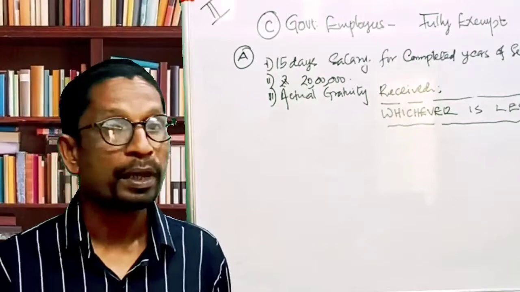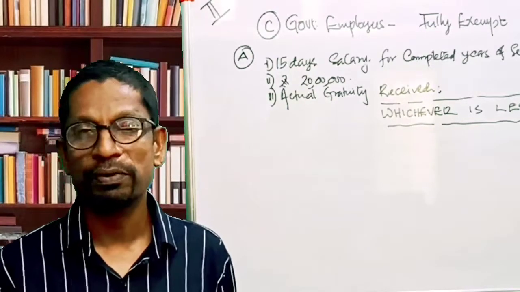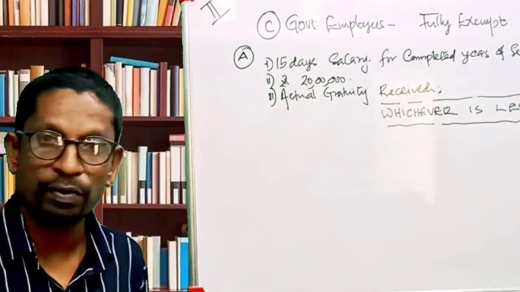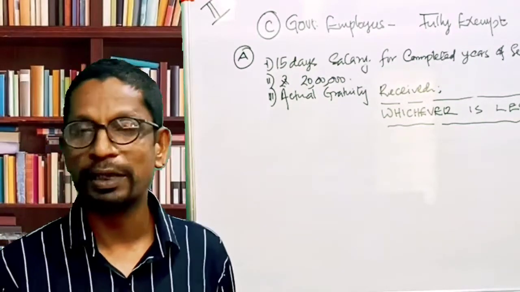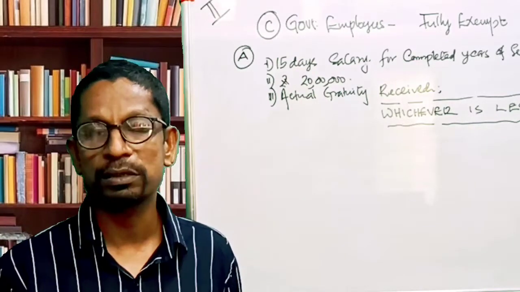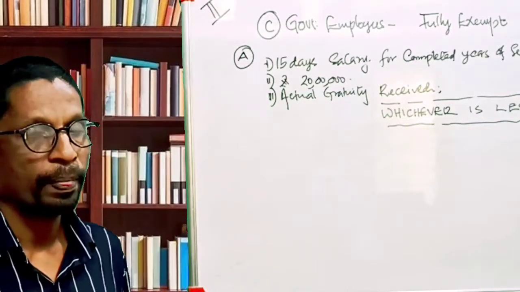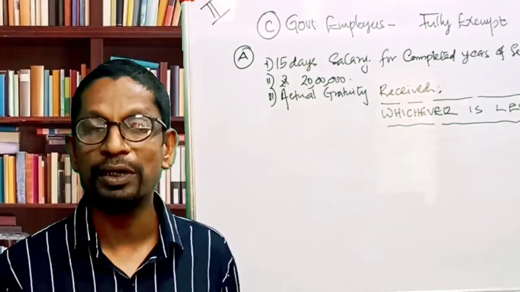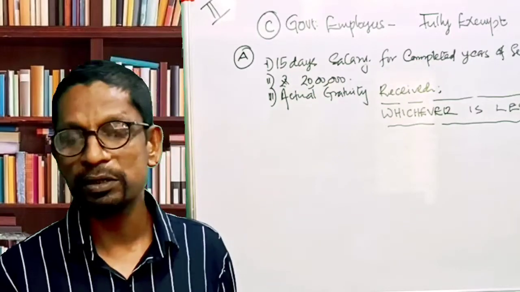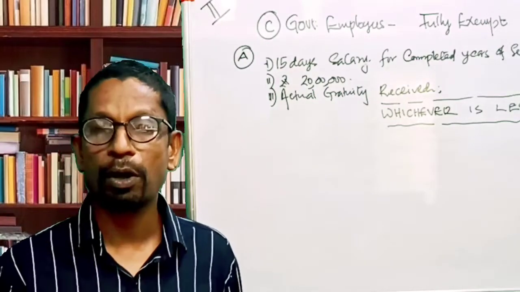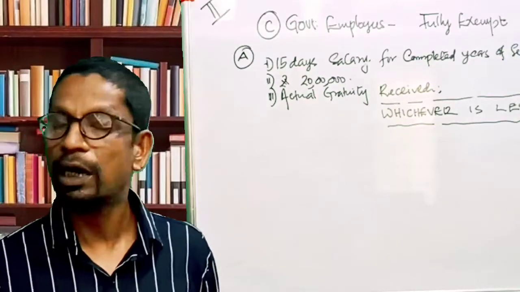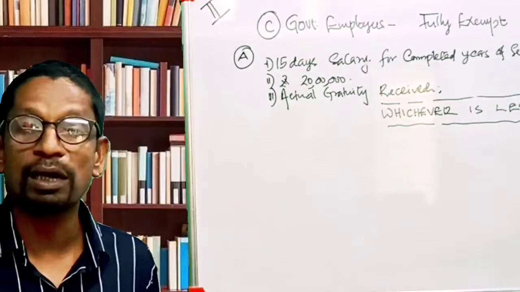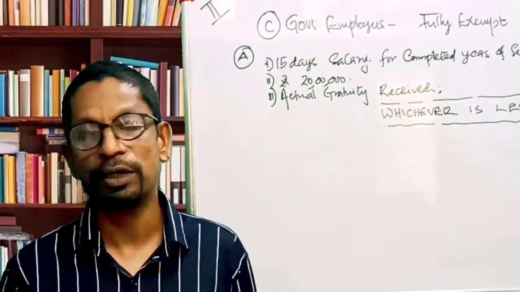At the time of his retirement, he was drawing a basic salary of rupees 31,000 and DA rupees 8,000 and HRA rupees 4,000 is mentioned there. Then the question asks to compute the taxable amount of gratuity under three capacities. That means if he is a government employee, or if he is an employee covered under the Payment of Gratuity Act, and again if he is not covered under the Payment of Gratuity Act 1972.